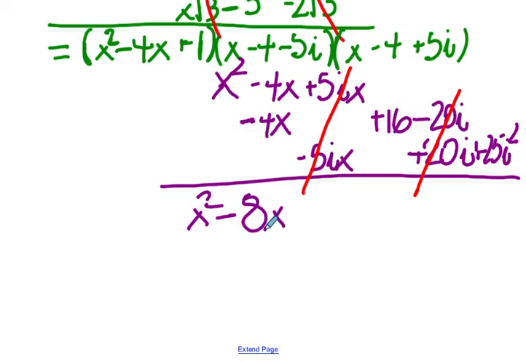And then over here where I have this plus 25i squared, we said i squared is like negative 1. So that means this is actually going to move over into this column as a negative 25. So 16 minus 25 would give us negative 9.